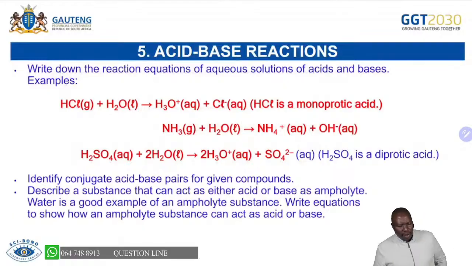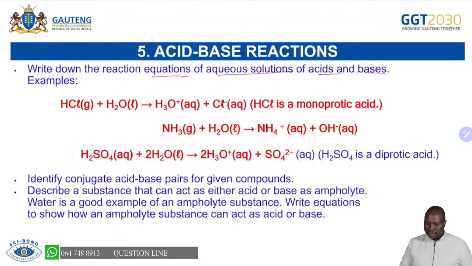Now, we are going to talk again about acid-base reactions. So we're going to look at these reactions when an acid is reacting with a base. You must be able to write down the reaction equations of aqueous solutions of acids and bases. For example, if you put HCl in water, we said it will ionize completely to form a high concentration of hydronium ion.